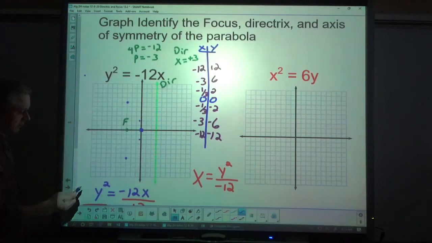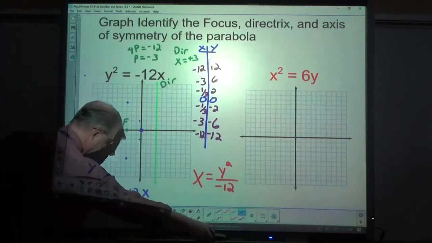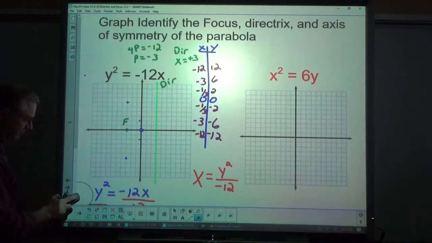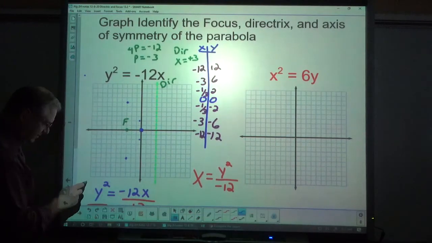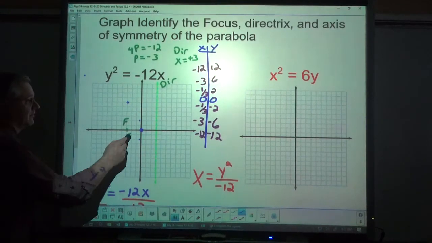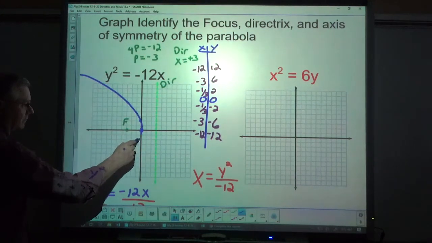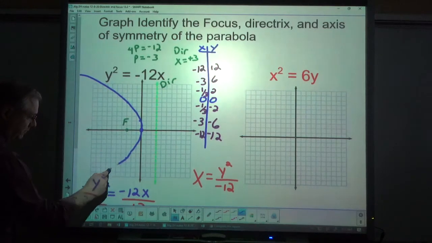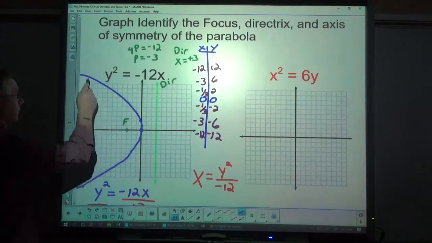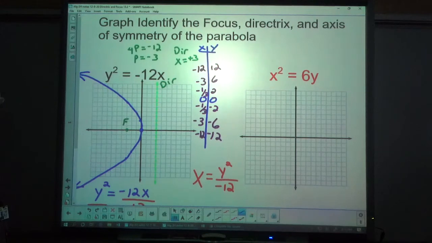So about there and maybe there down here, roughly. Now I'm just approximating where to put this down here. All right, so here's my graph. That would be the parabola y squared equals negative 12x.